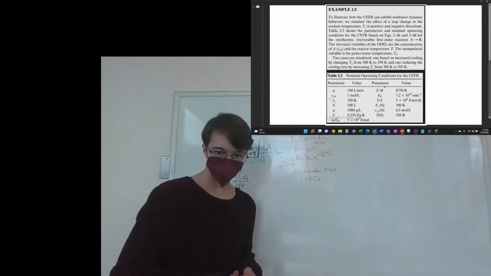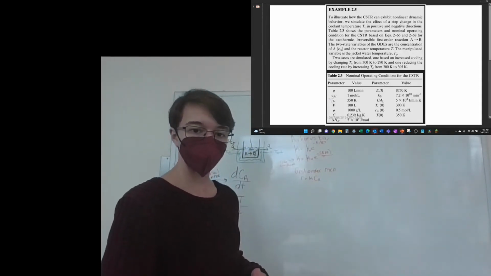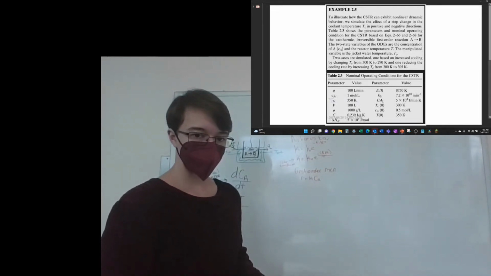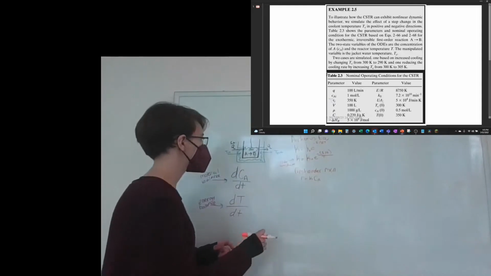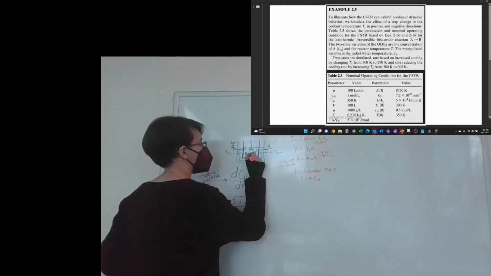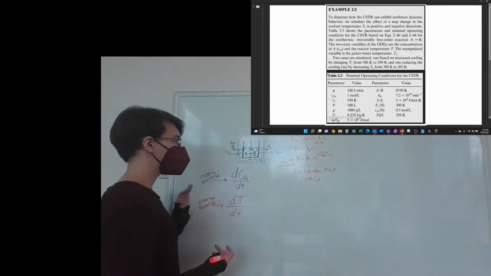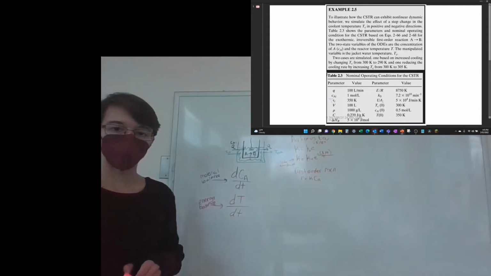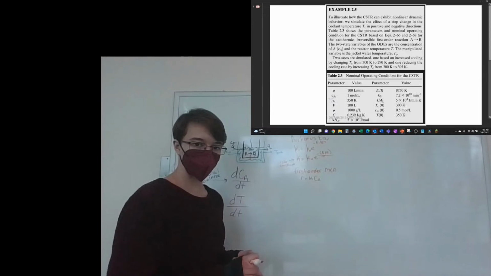So then it also gives us UA, and that is a heat transfer coefficient. So that means that the transfer of heat between the tank and the coolant can be modeled by that UA.